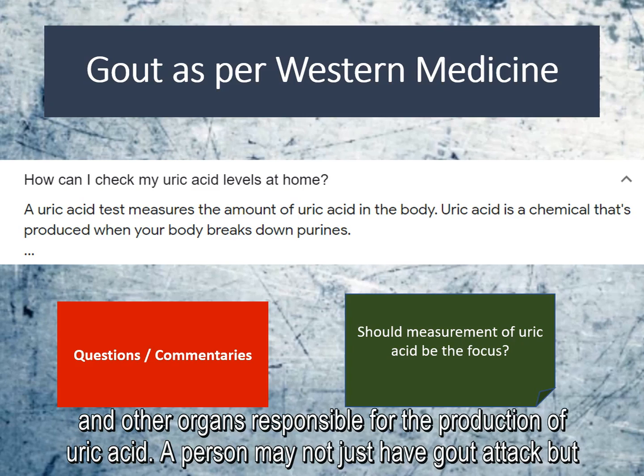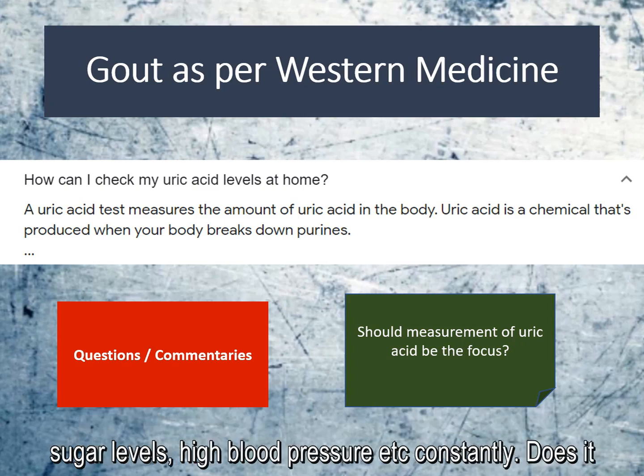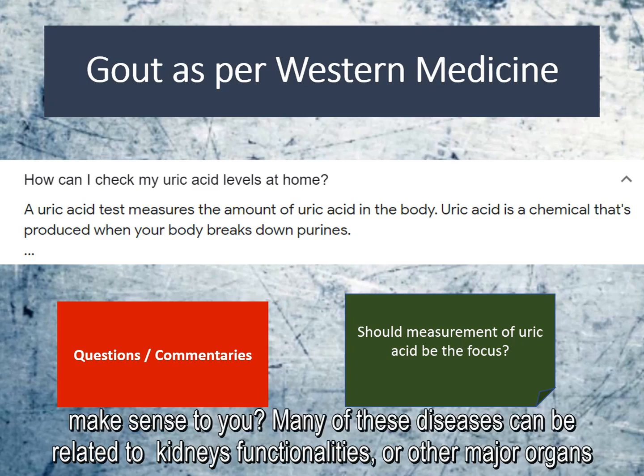A person may not just have gout attacks but diabetes and other diseases. Based on the above logic, this person has to monitor uric acid level, sugar level, blood pressure, etc. constantly. Does it make sense to you?